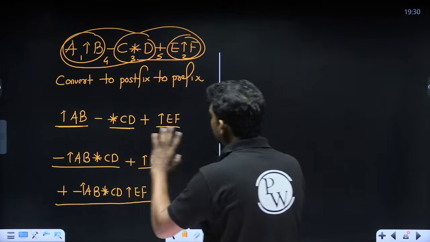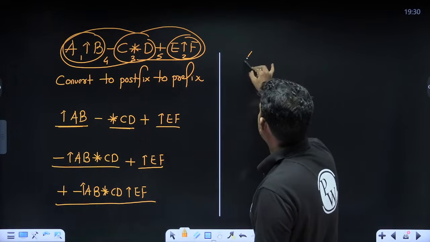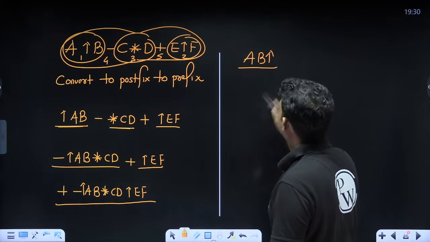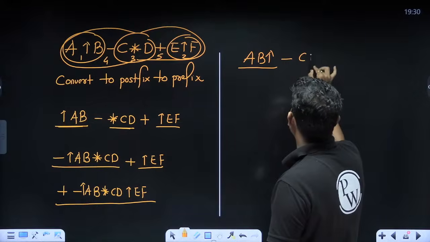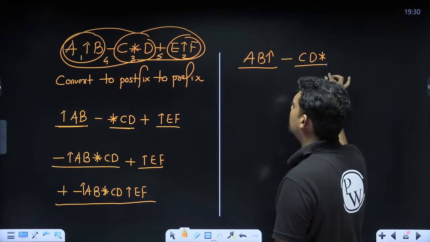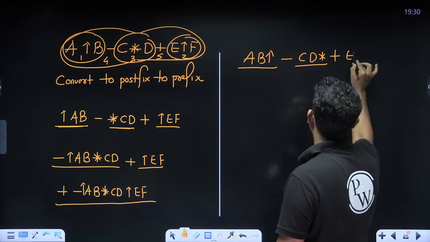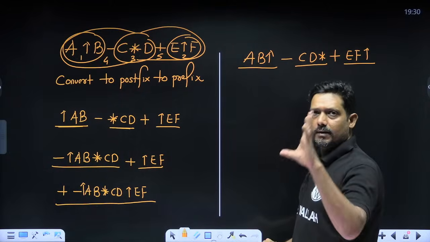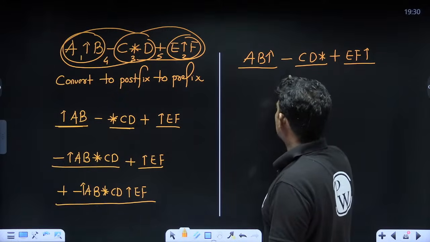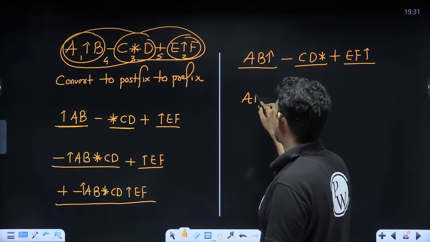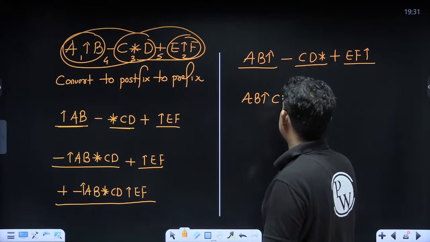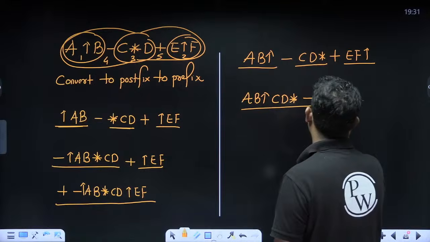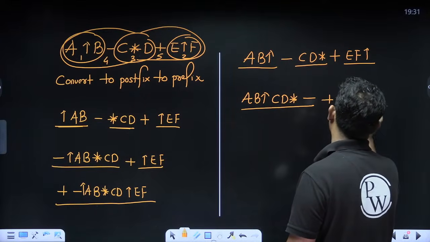Same expression I can take for the postfix as well, and I can say AB exponentiation minus CD multiplication plus EF exponentiation. Next, left associative minus, so I will go with AB exponentiation, CD multiplication and then minus, and plus EF exponentiation.